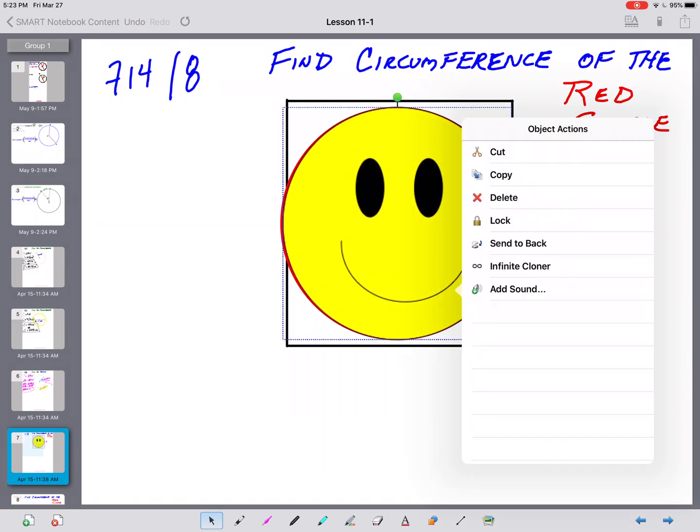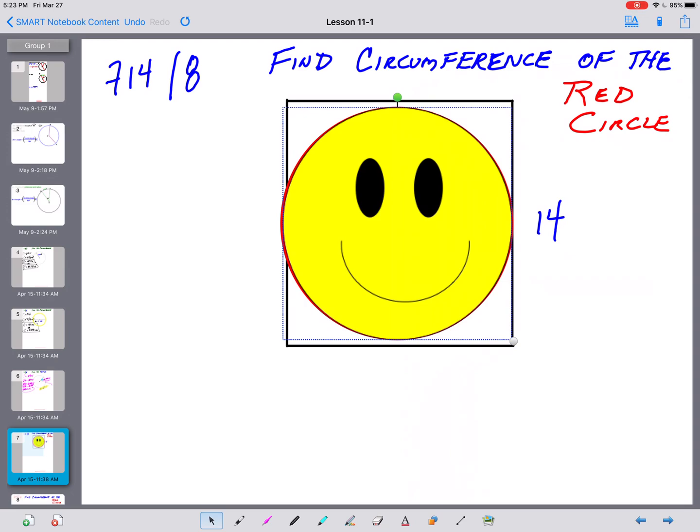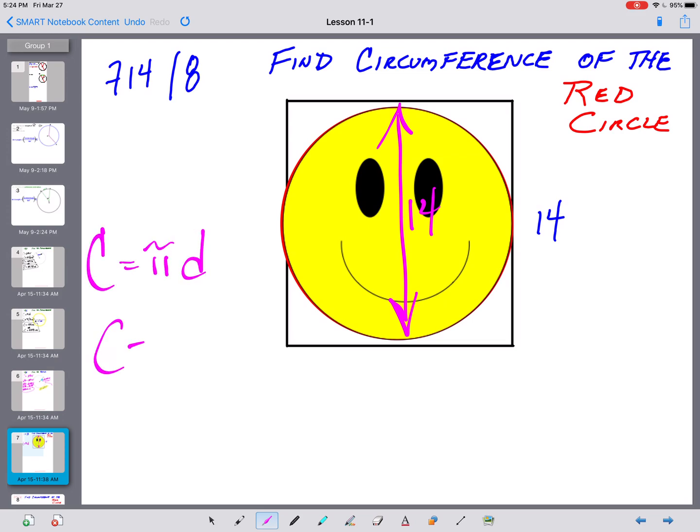Find the circumference of the smiley face. What do we need here? Circumference. What did they give us? They gave us the diameter. The diameter is 14. Let's use that one. Circumference equals pi times d, so circumference equals pi times 14.